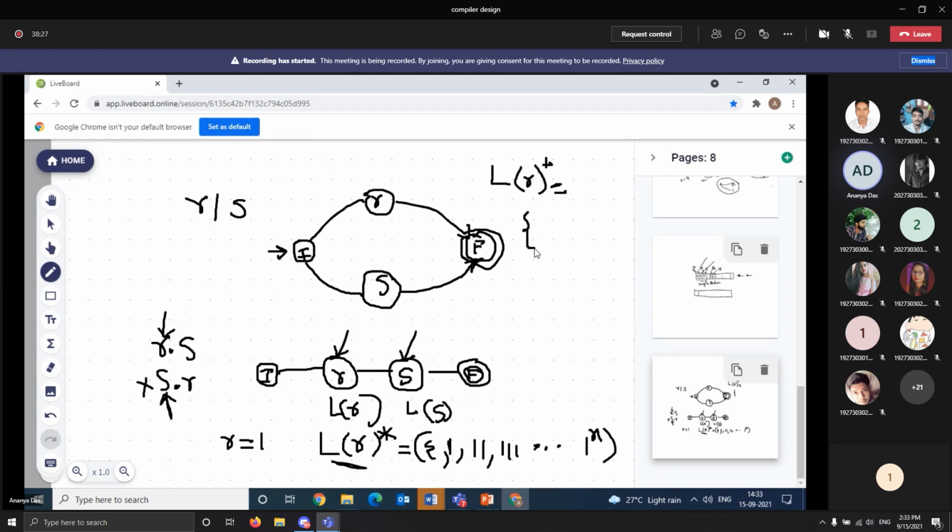So that means 1 or more occurrence of your input symbol. Your input symbol R here is 1, so 1 or more occurrence means at least one occurrence of 1 will be there. So single 1, double 1, triple 1, dot dot dot, n number of 1 is allowed in your language.